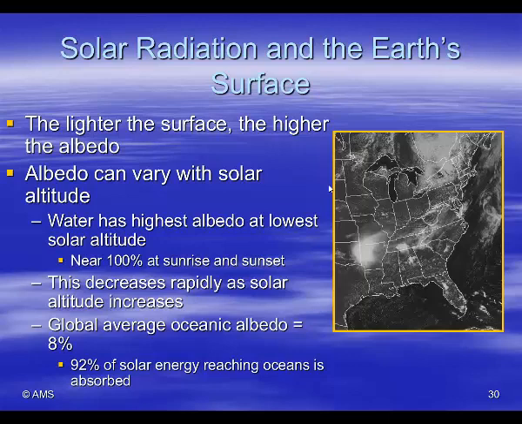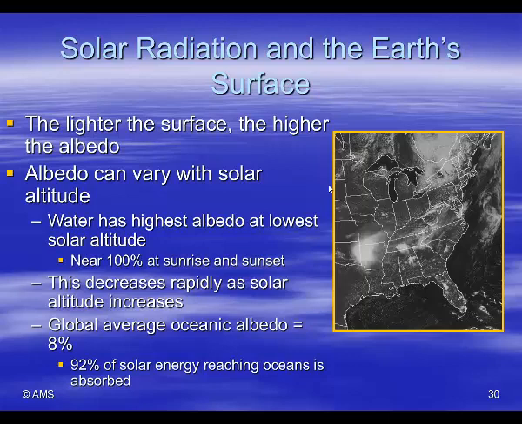For example, if you've ever been on a lake when the sun was going down, you'll see really sharp and high reflection off of the water surface, which is not there at noontime. As we near sunrise and sunset, we almost get 100% reflection, so our albedo would be 1.